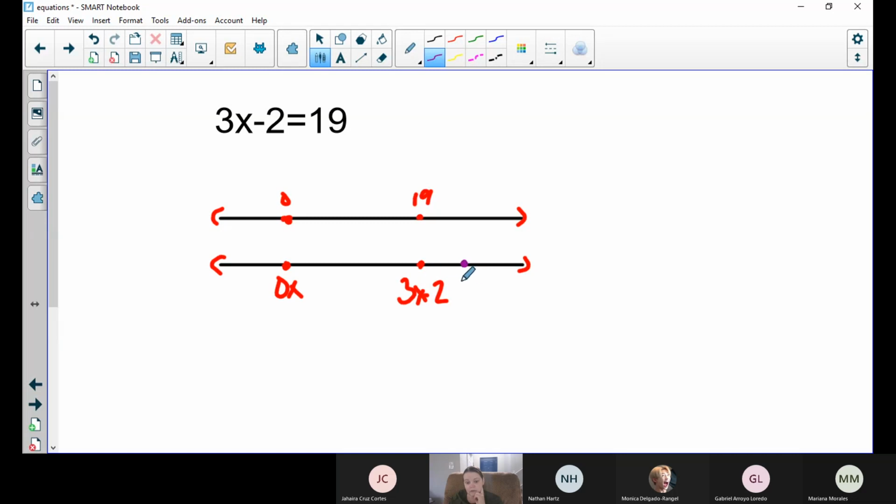So if I add 2, that's going to give me 3x. And if I add 2 to 19, that's going to give me 21. So 3x equals 21 is the same thing as 3x minus 2 equals 19, okay?